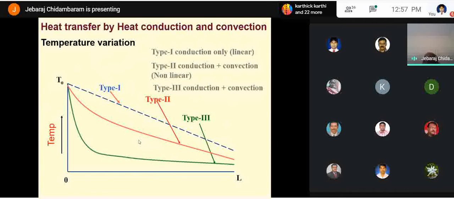And the convection itself, there are 2 types of convection, natural and forced convection. So if it is natural convection, convection is slow. If it is forced convection, convection is severe. So you will see the third curve where the temperature variation is exponential decay.